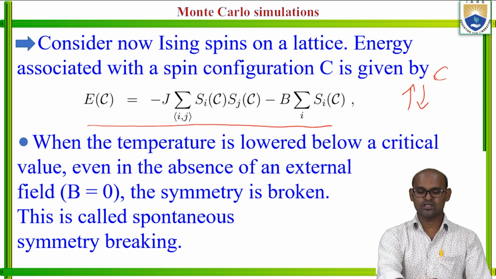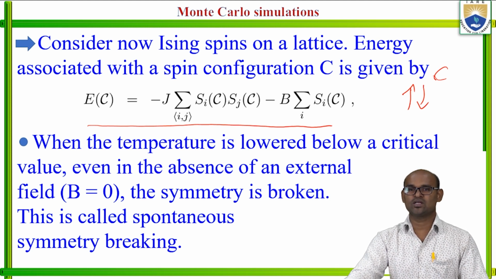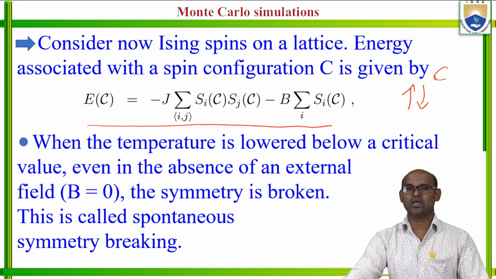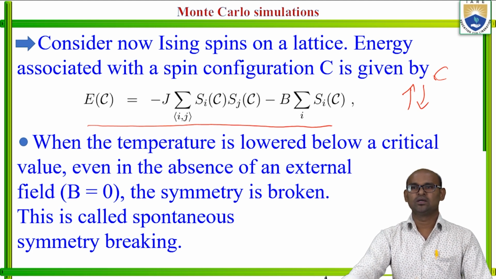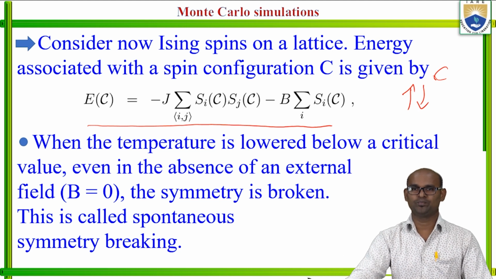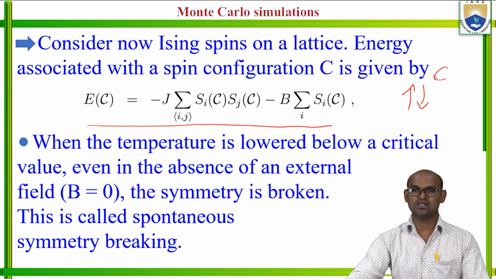So when the temperature is lowered below a critical value, even in the absence of external magnetic field, the symmetry is broken. Okay, and this is called spontaneous symmetry breaking. So the spins can orient in random direction, which is here plus upward or downward. So there is a symmetry present in the system.